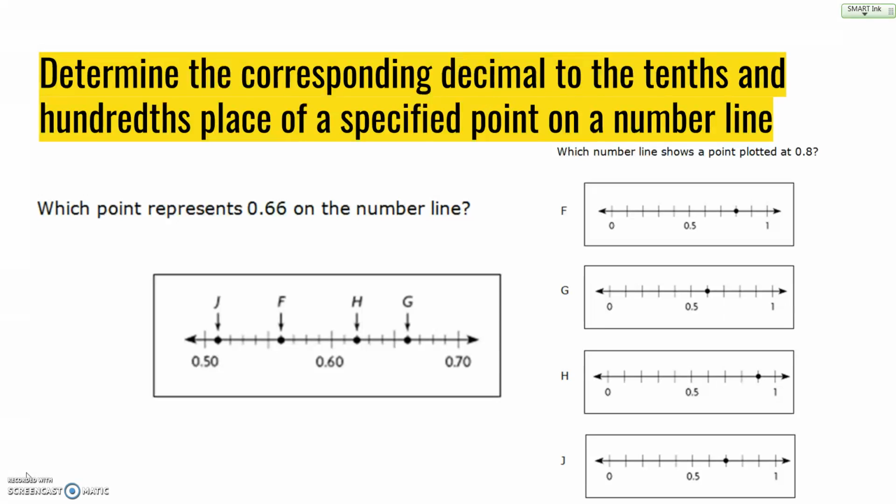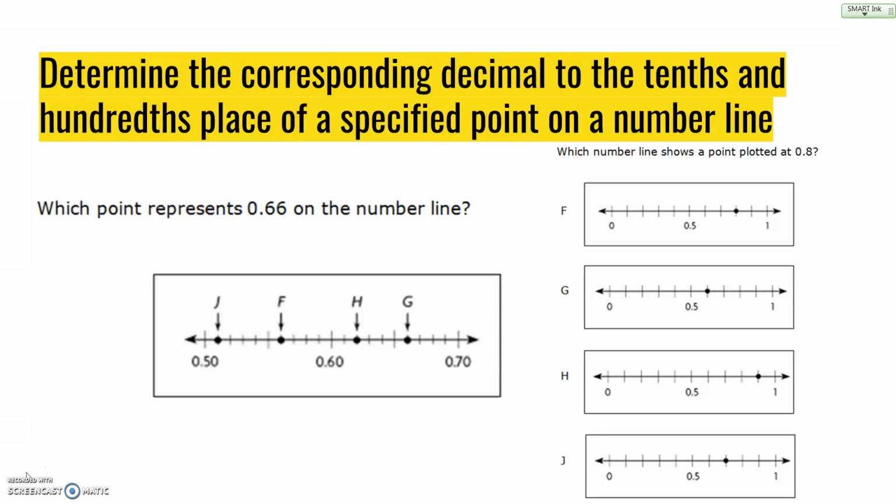And so if they're using good test taking strategies and good critical reading strategies, they're probably going to go through and label what decimal is represented by point J, which decimal is represented by point F, which one is represented by H and G, and then go back and look at the question and make sure they know which one answers the question that they've been asked.